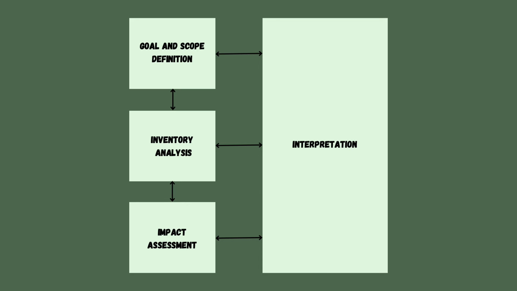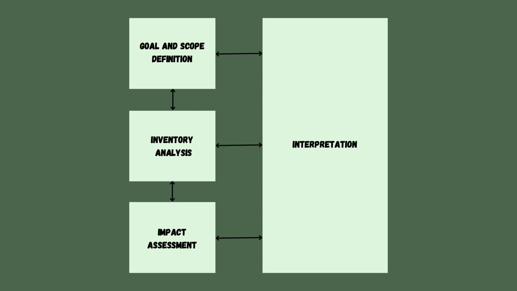Now this is where we work out the carbon equivalent for each stage and each item we've got in our inventory. So for example, if we've got a certain amount of kilowatts of electricity, what does that mean in terms of kilograms of CO2?